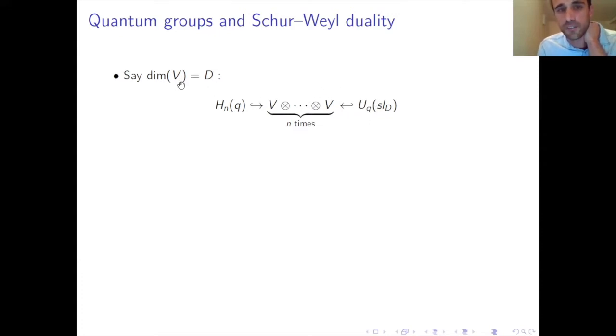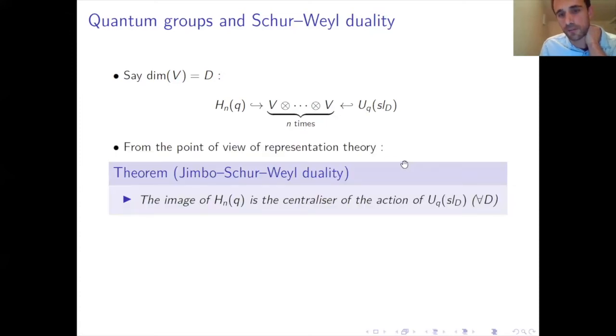So V is the vector representation of SL_D, and we can make a tensor product, because this is what quantum groups are about. They are objects such that you can make tensor products of representations. And so we have this very nice situation where two different algebras are acting on the same space. And the theorem is the statement that they both centralize each other.